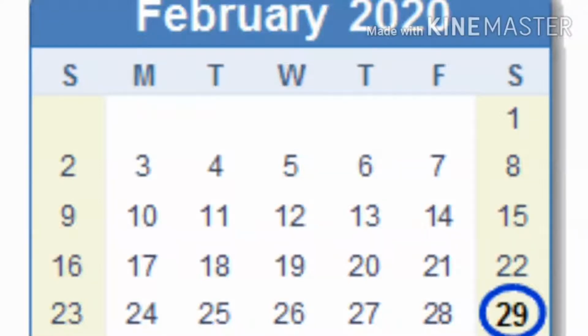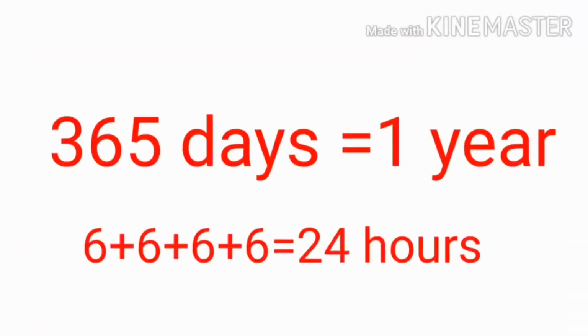This 4th year with 366 days is called a leap year, which means 365 days are equivalent to 1 year, while the 6 hours of each revolution adds up to form one full day of 24 hours, which is added to the month of February every 4th year.